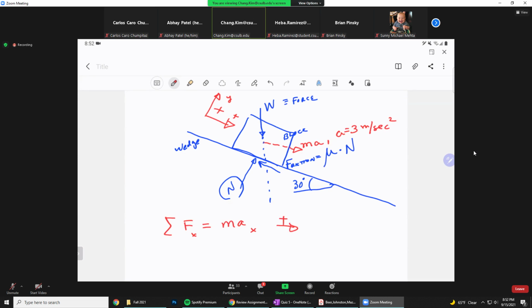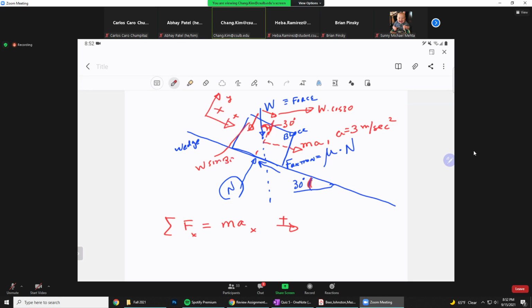So in this case, the weight will be split into components. This is 30 degrees, and this is also 30 degrees. So this force is W times cosine of 30. This guy is W sine of 30.